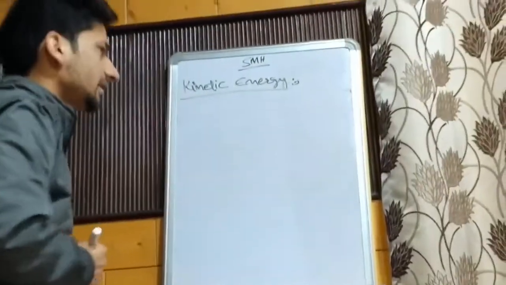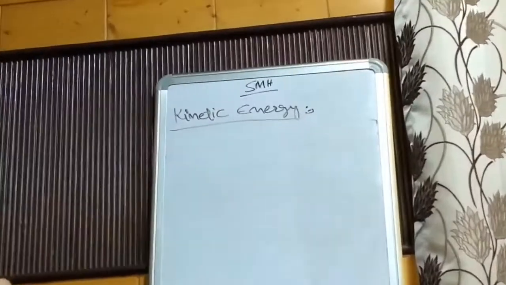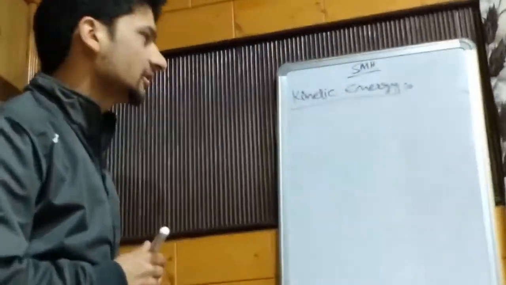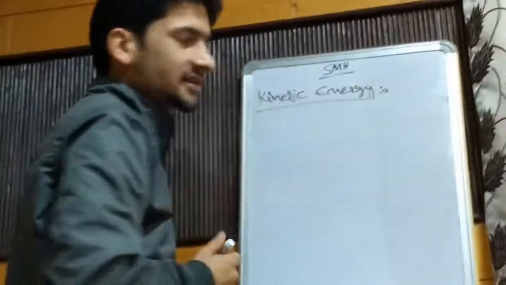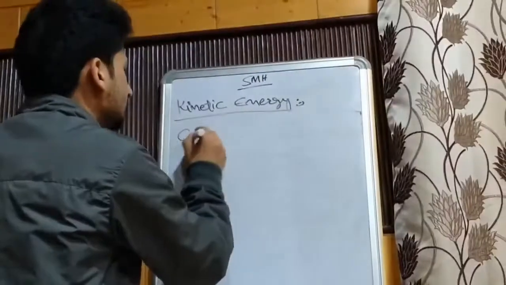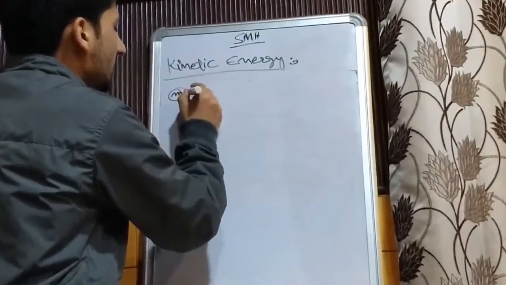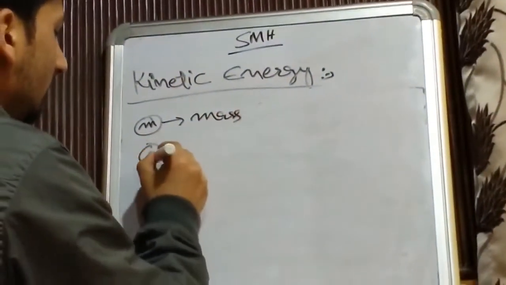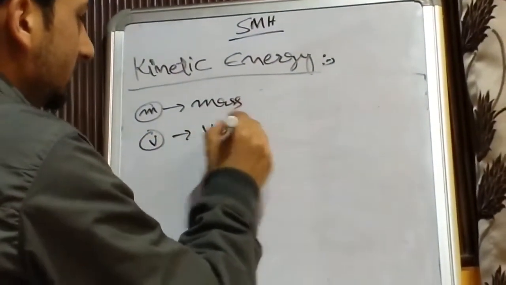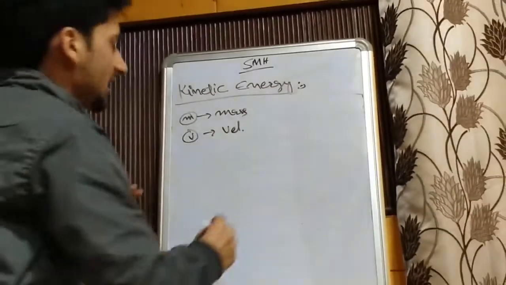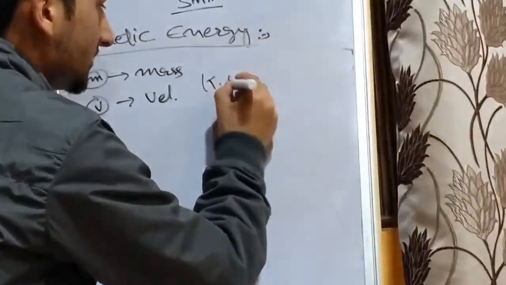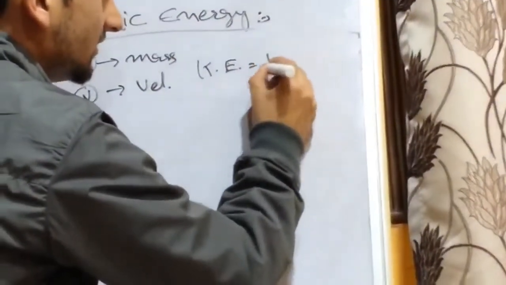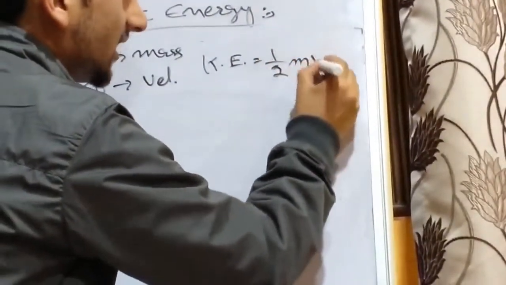Now let's calculate the kinetic energy of a particle executing simple harmonic motion. Let's take an example of a body of mass m and velocity equal to v. As we know, kinetic energy is equal to 1/2 of mv square.